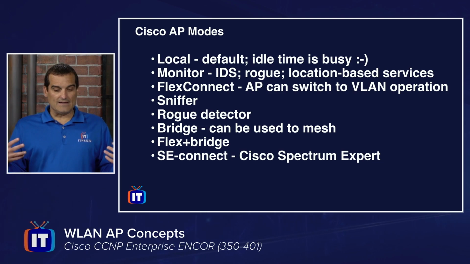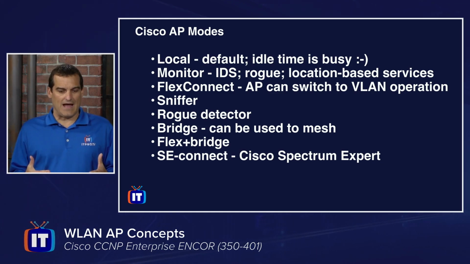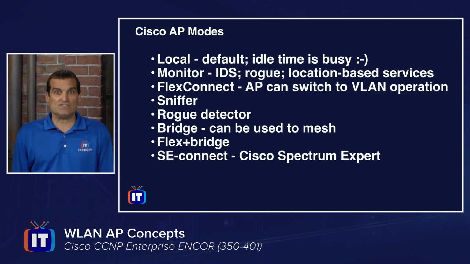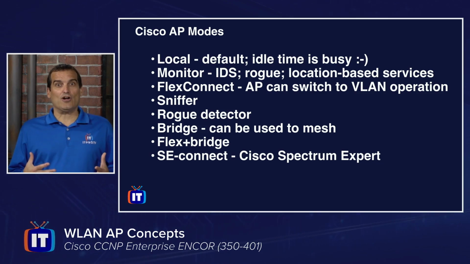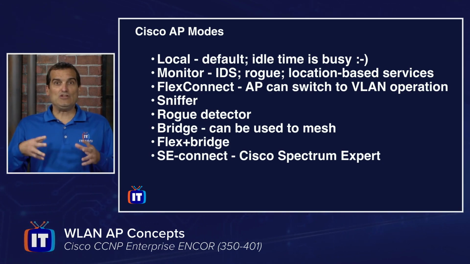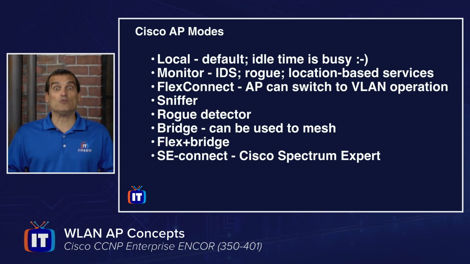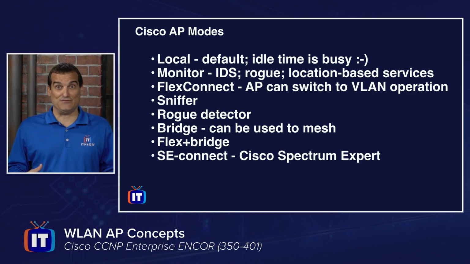Right. And what's interesting about this on these new exciting APs that Cisco is generating now is that it doesn't mean that when they're not doing their main function for their client, they just sit there waiting. No, these things are getting really sophisticated. For example, when your AP is not busy servicing clients, it can start doing rogue AP detection for you.